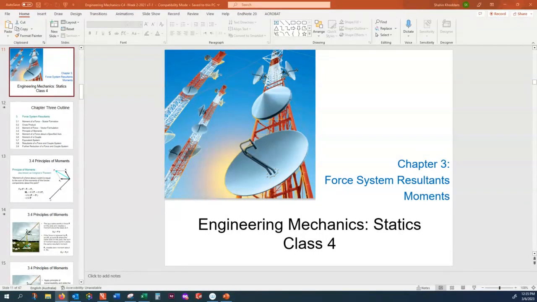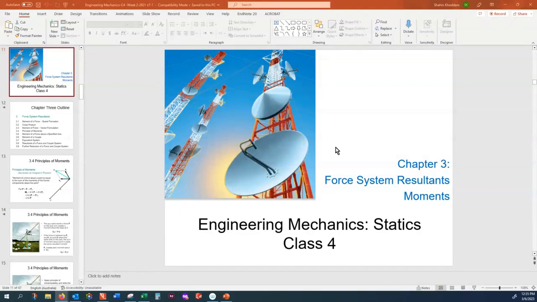Adding vectors is not like adding numbers. When you are adding numbers, 2 plus 2 is equal to 4. But when you are adding two vectors, 2 and 2, it depends on the angle between the forces. So you can't answer that question unless you solve the summation in vector form.